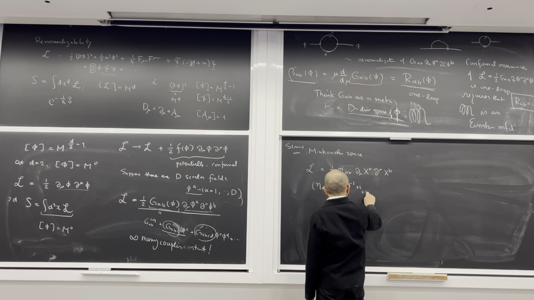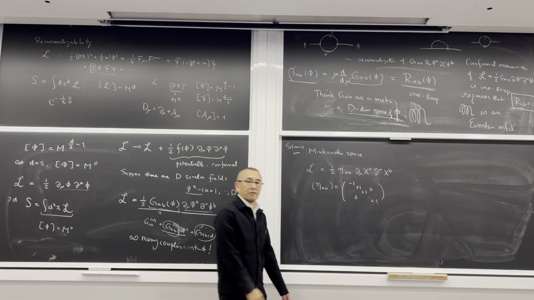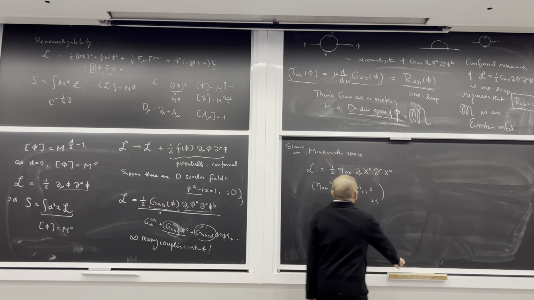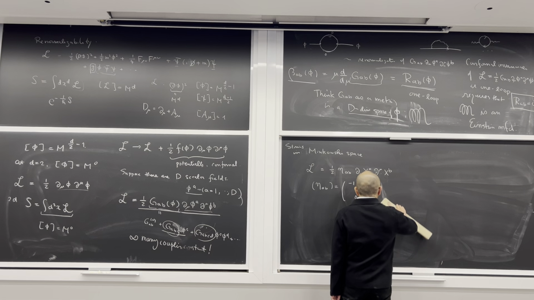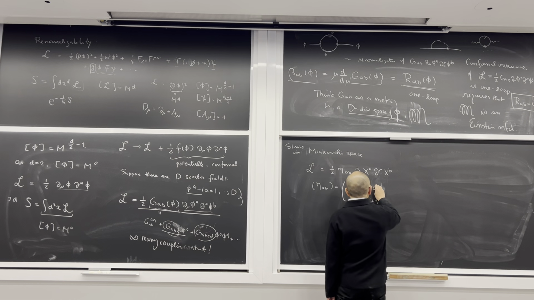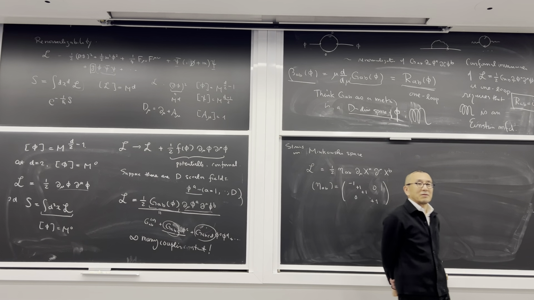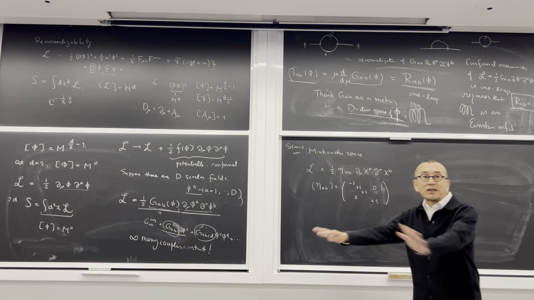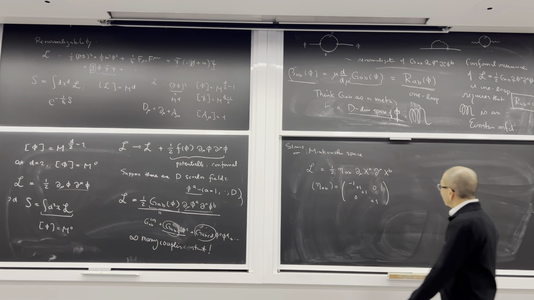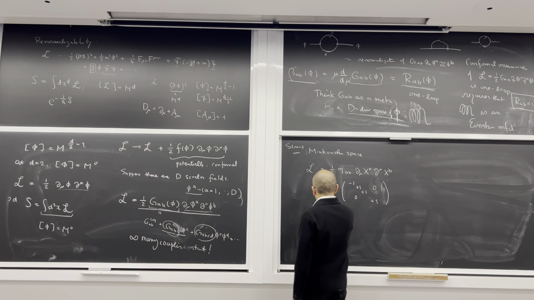I'm always using the almost positive convention. Now this is conformal, which we studied last quarter, and we might consider deforming it. What kind of deformation can we have?